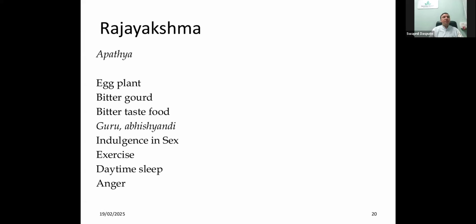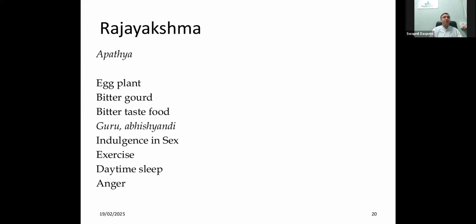Apathya: eggplant, bitter gourd, bitter taste food, guru, abhishyandi ahar. Abhishyandi is something which, when it goes in the body, will increase the secretions and can cause srotorodha, or clog the channels. That is abhishyandi ahar. Indulgence in sex is apathya.